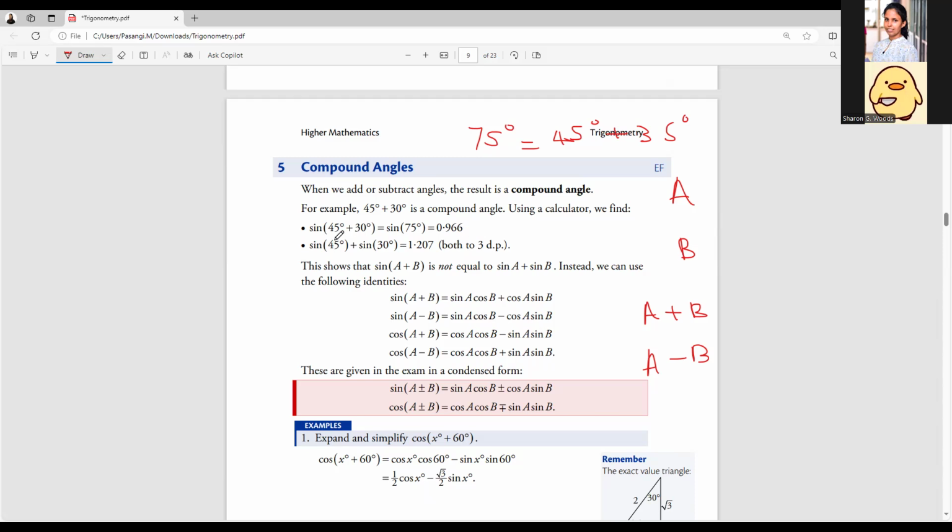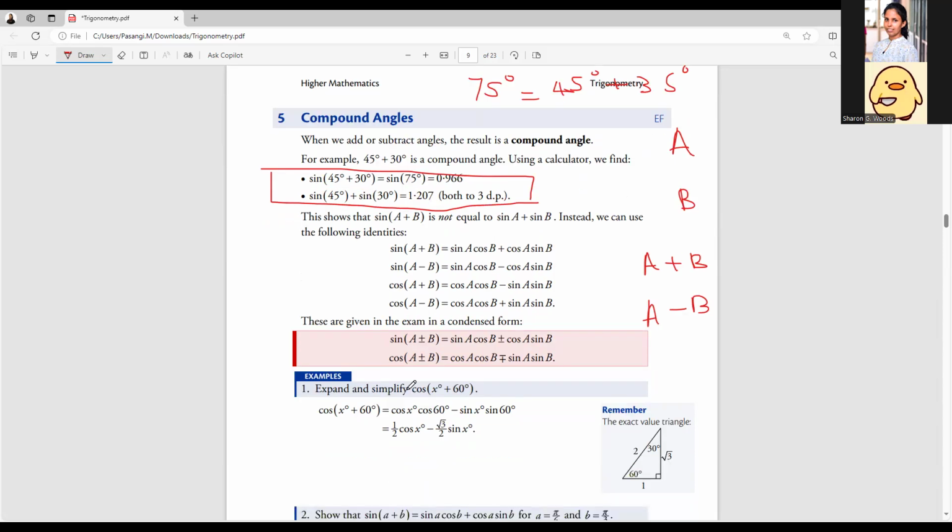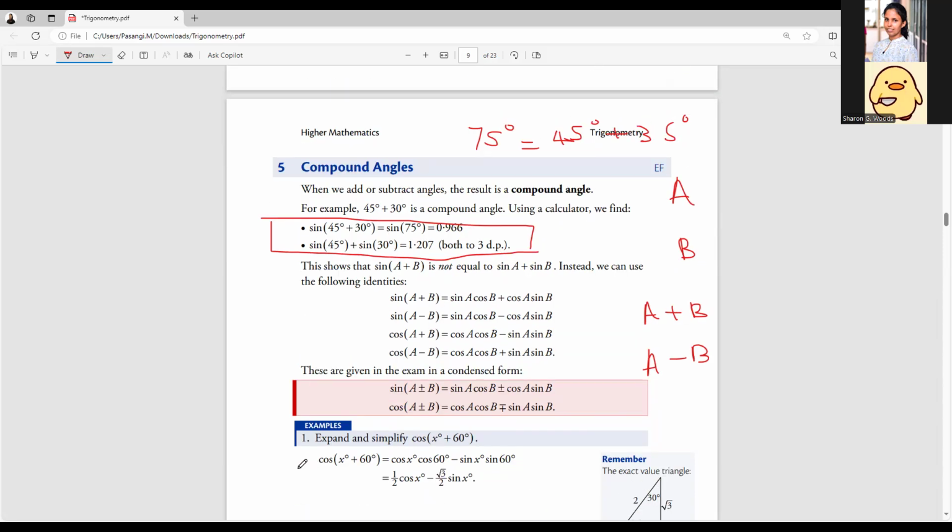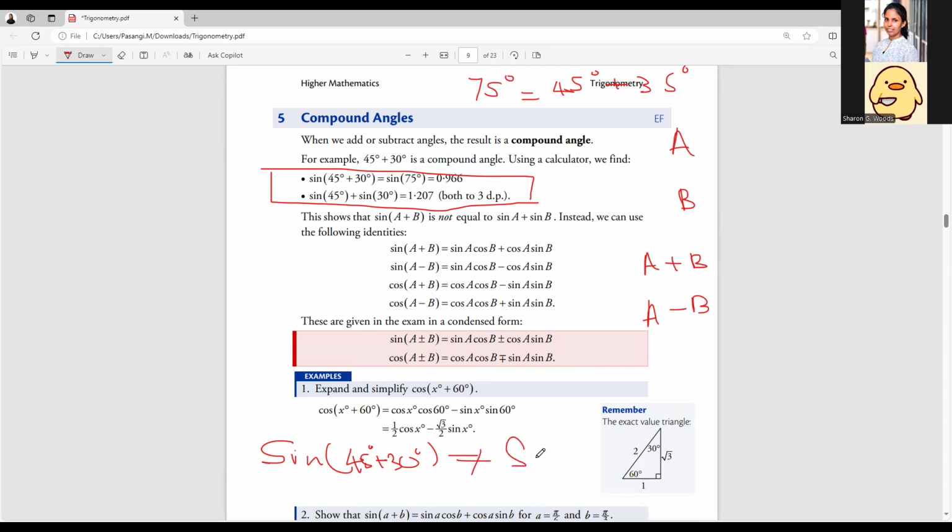The first thing you should know is that these two are not equal. Sine 45 plus 30 is not equal to sine 45 plus sine 30.